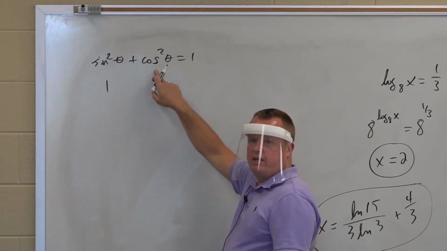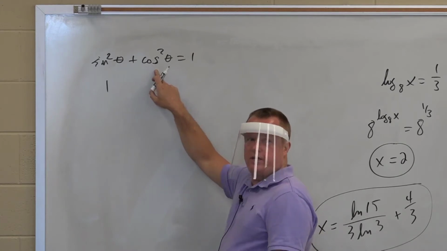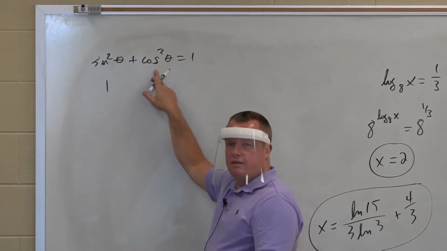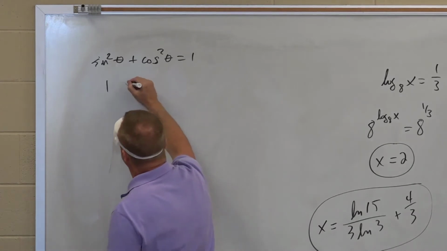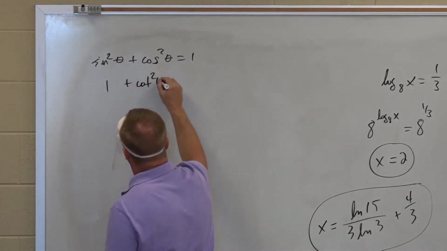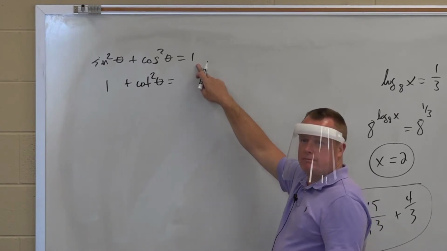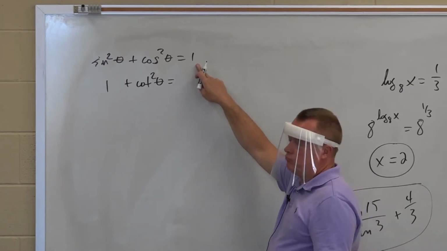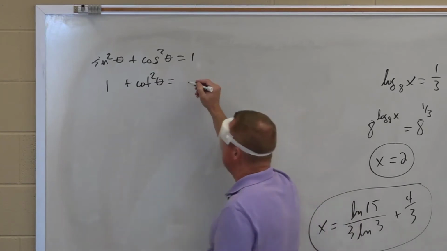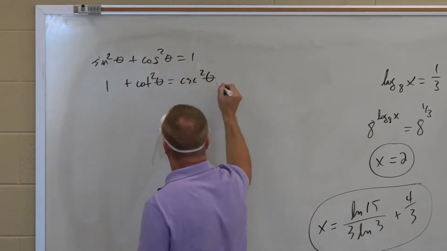So cosine over sine is what? Cotangent, right? Okay, yeah, cotangent. So cotangent squared. 1 over sine is what? Cosecant. There's your other one. There's 1, all right?